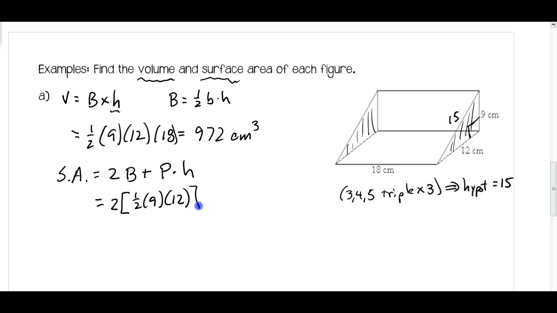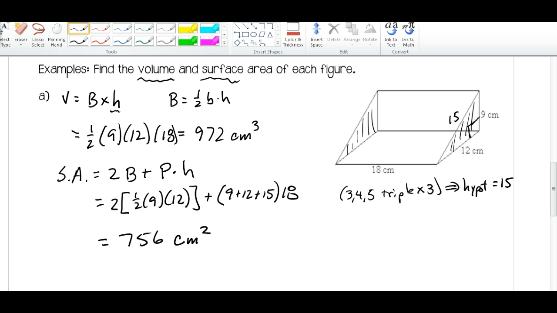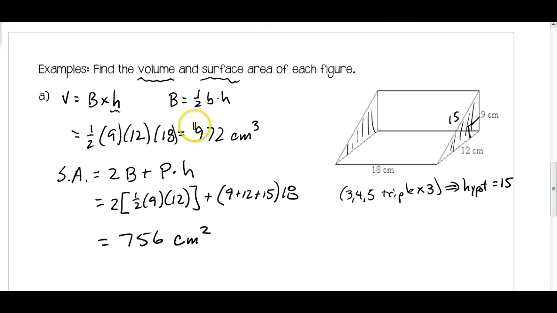That's the area of the base. And then plus the perimeter is going to be 9 plus 12 plus 15 times the height, which again is 18. And if you calculate that out, it should come out to 756. And our units for surface area is going to be centimeters squared. Alright, so we have the volume, and we have the total surface area.